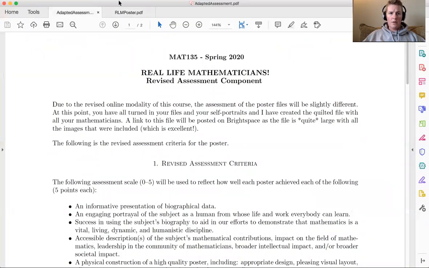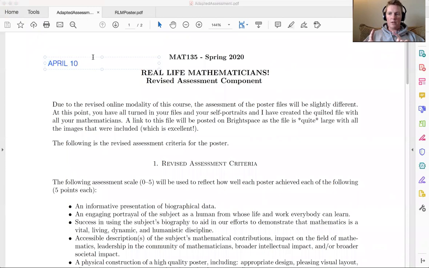So let's talk about the assessment. One thing to know is that I've changed the date of the assessment. The date of the assessment is now due April 10th. This is because we're not going to do the peer assessment part of it. This is just a self-assessment part, because we don't have that face-to-face discussion, walking around the poster.